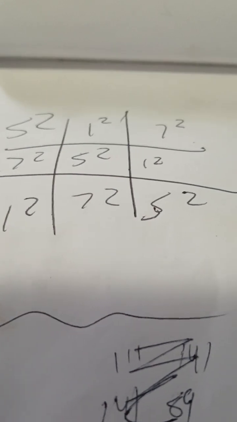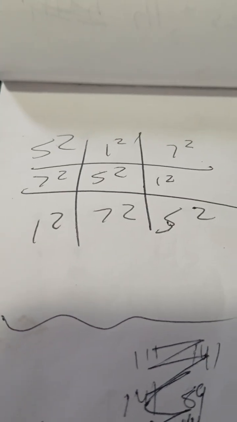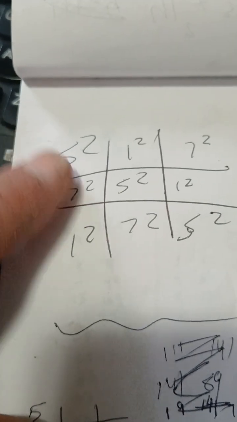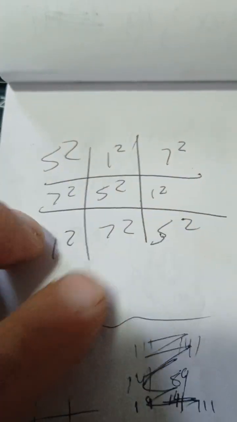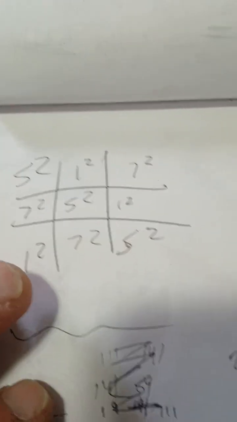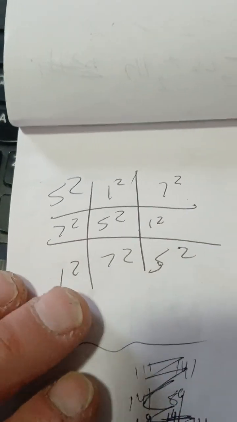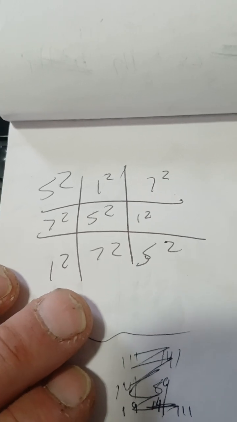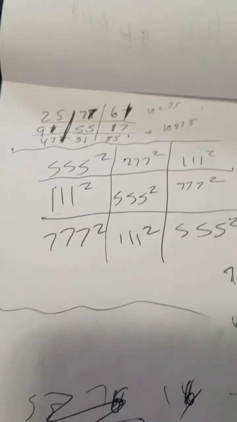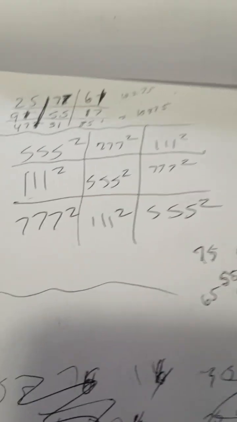But this adds up. This all adds up to 75, because 49 and 1 is 50, and then 25, and that's 75, which is the same as this. So that works right there. But you can see it's 3 numbers repeated, so it's not really a magic square of squares, because all of these numbers would have had to have been completely different from each other. And I can show that even better when you do triple 5s, triple 1s, triple 7s, it still works.